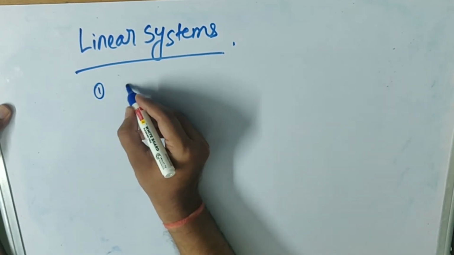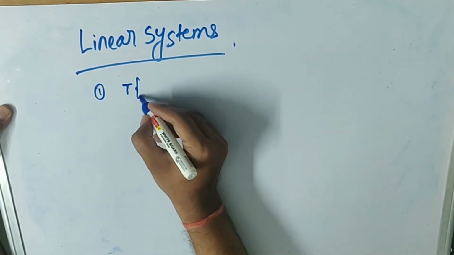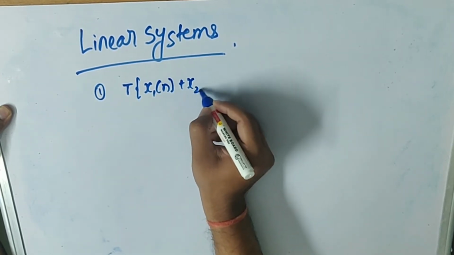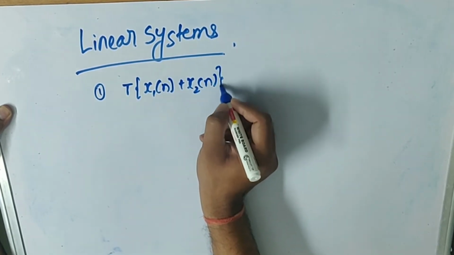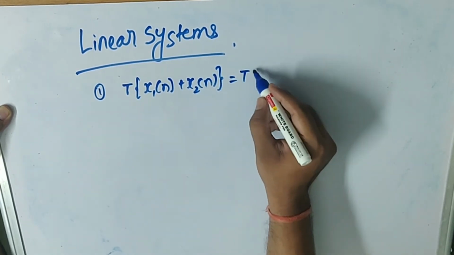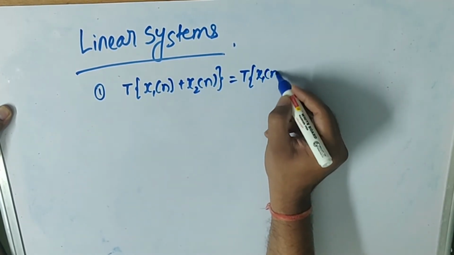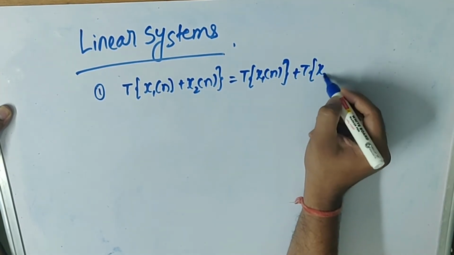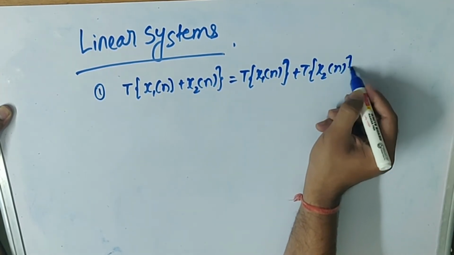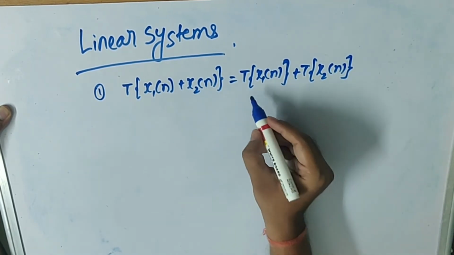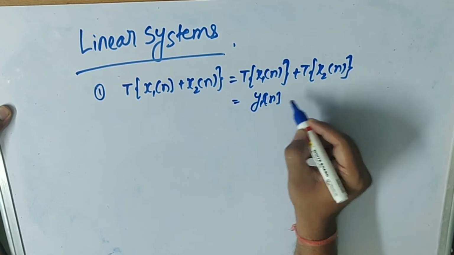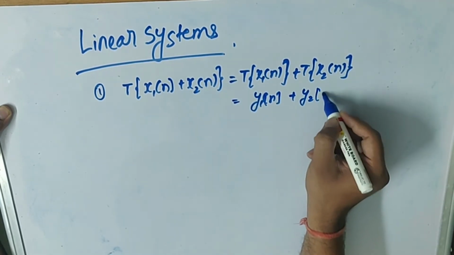First, we can write mathematically, T{x1[n] + x2[n]}, where T is again a function, any function. This is equal to T{x1[n]} + T{x2[n]} individually, and these are their corresponding outputs.